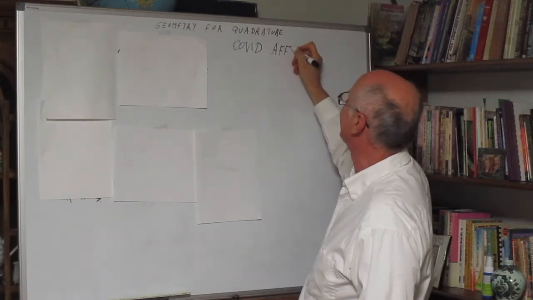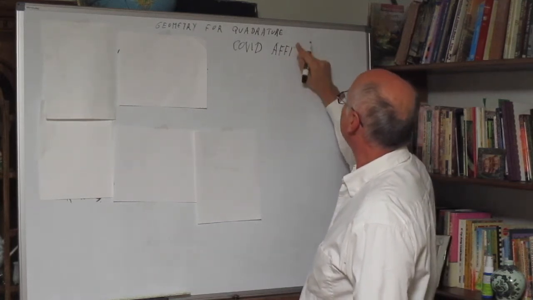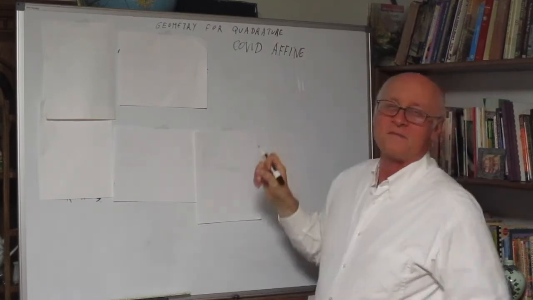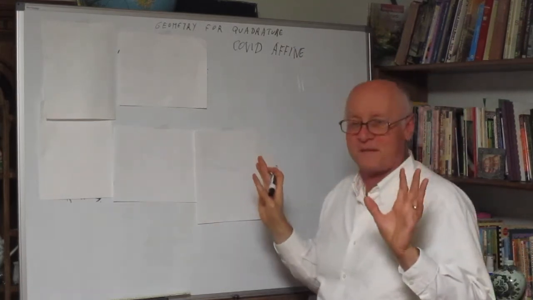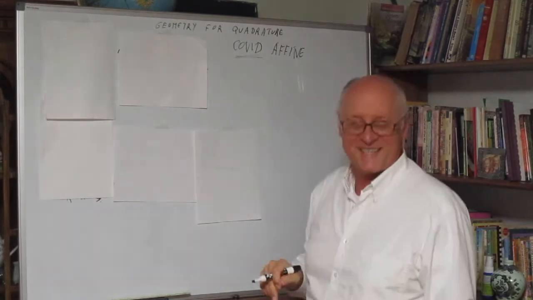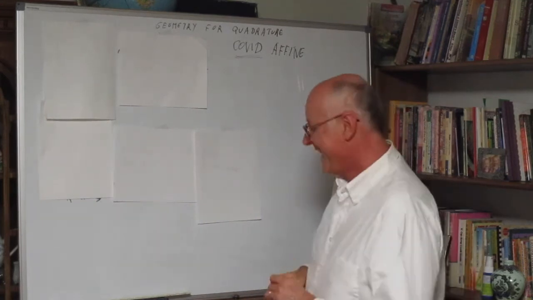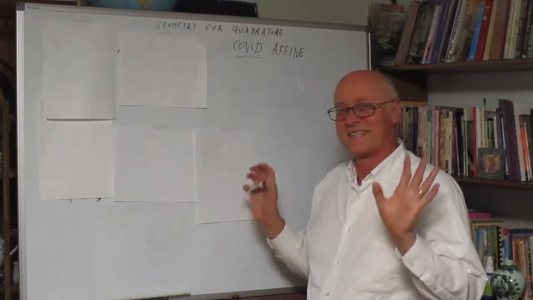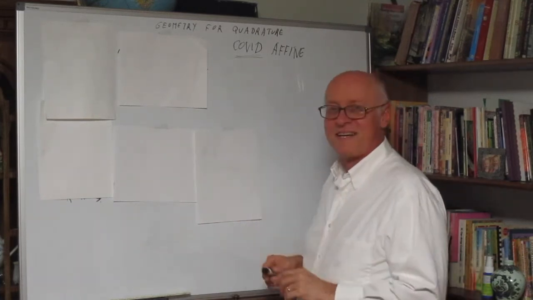All right. COVID affine geometry for now. That's our code name until we get this resolved. We're going to have to call it COVID, because it's a little bit crazy, and that's what happens when you're in a lockdown. See, blame it on the COVID, right?